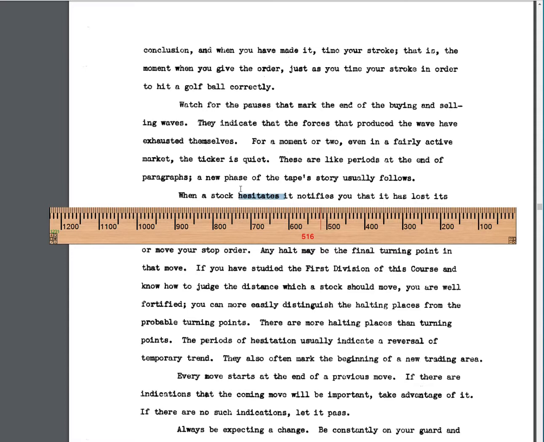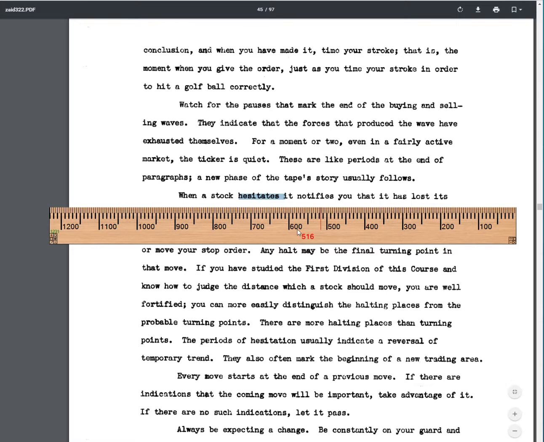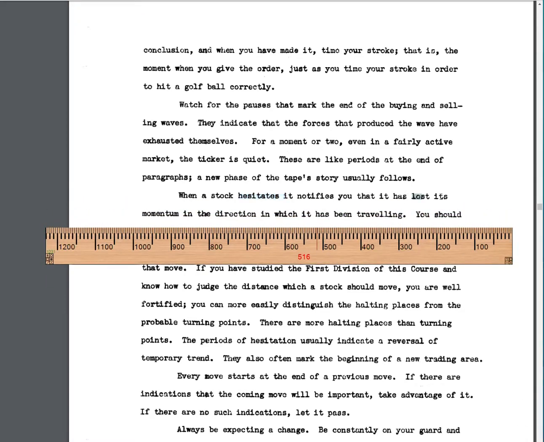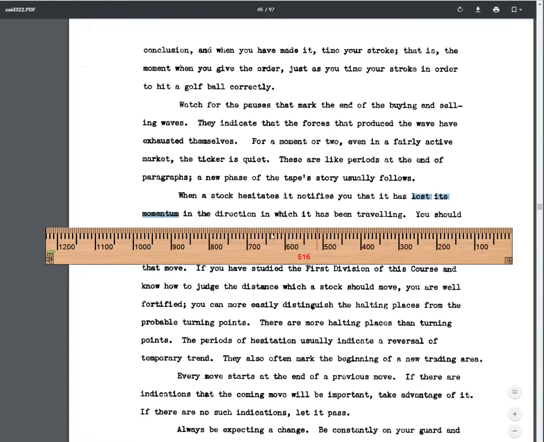That's the best way I can describe it. So when a stock hesitates, it notifies that it has lost its momentum. It's very important for you to understand what this means, losing momentum. He mentions momentum 2 times in this, so I'll go over the first and the second. The hesitation, which is the lack of follow through, is evidence of a loss of momentum.